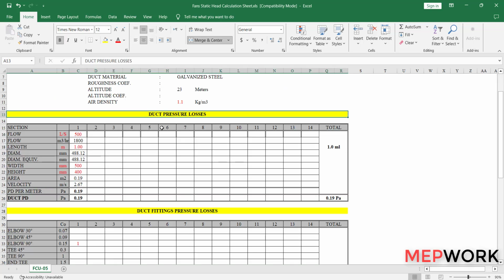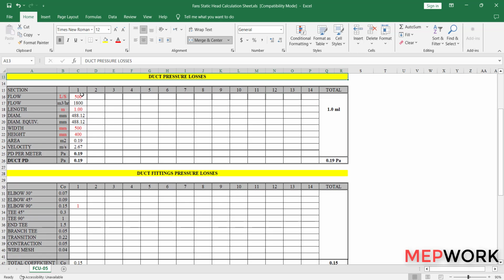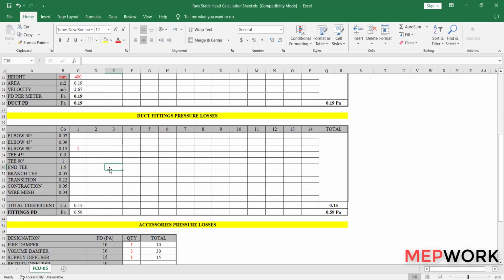In this part, we will calculate the duct pressure losses. We will fill all the red cells: the flow in liters per second, the length in meters, and the duct size, width and height in millimeters. In this part we will calculate the duct fitting pressure losses. These are the duct fittings.